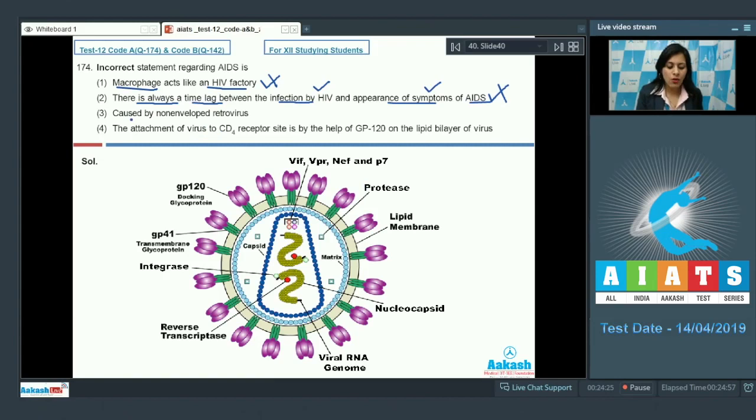Next statement is caused by non-enveloped retrovirus, and as it is an incorrect statement, this is a correct answer to our question because AIDS is caused by enveloped retrovirus known as HIV. This is an enveloped retrovirus.